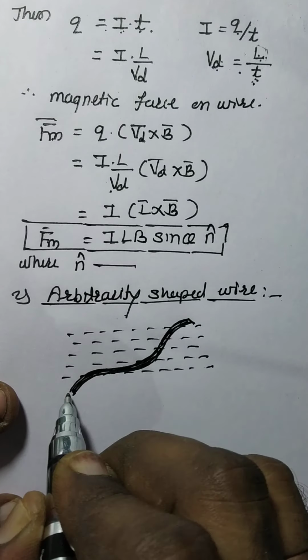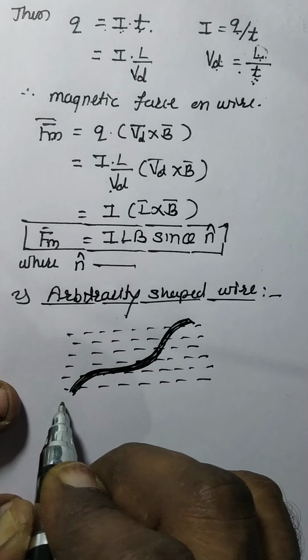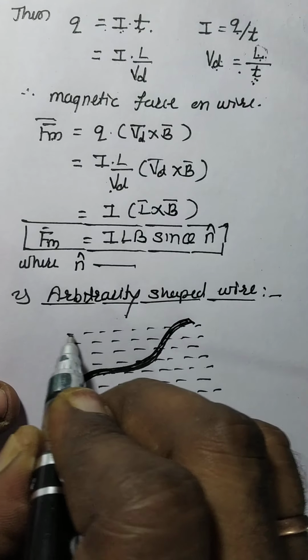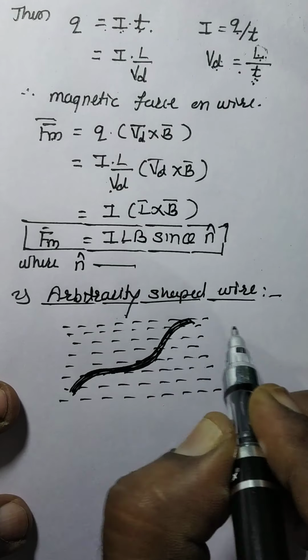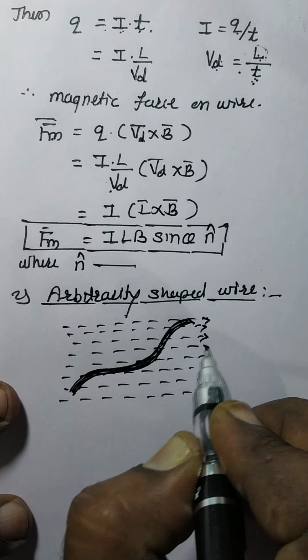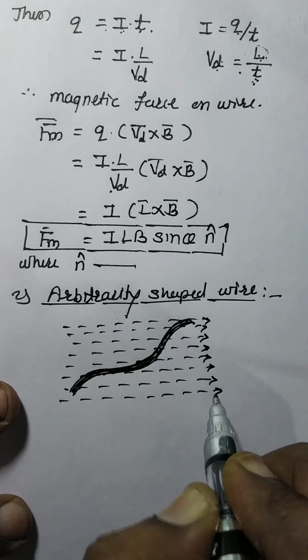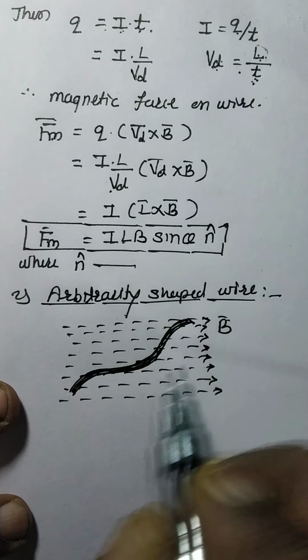Consider an arbitrary shaped wire carrying current placed in a uniform external magnetic field B.